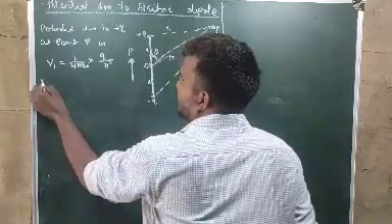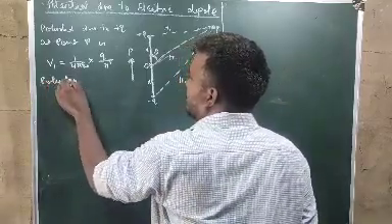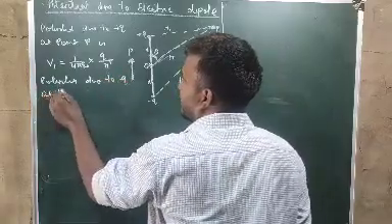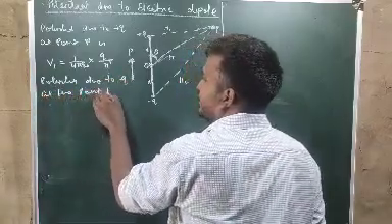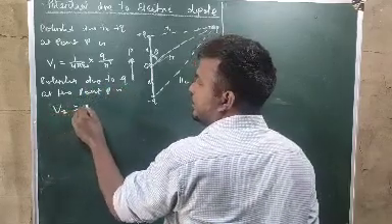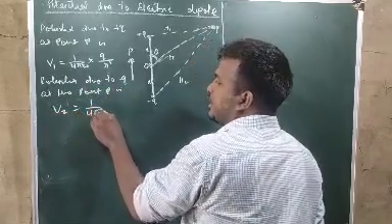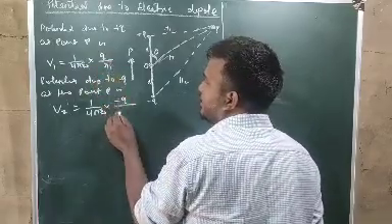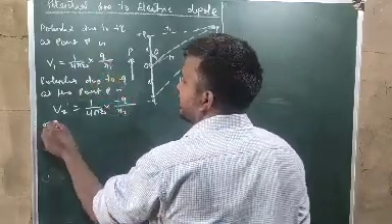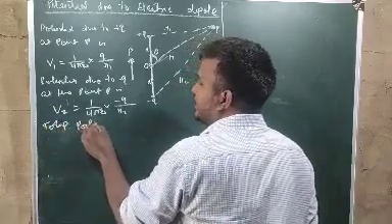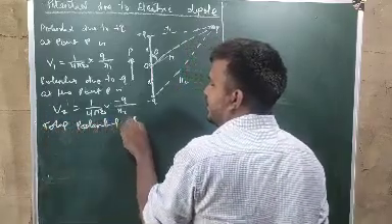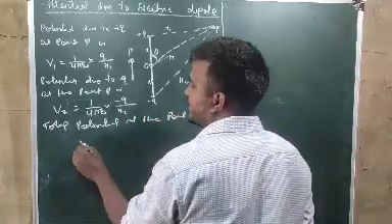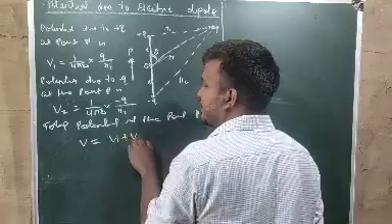Now the potential due to minus Q at the point P is V2 equal to 1 by 4 pi epsilon naught multiplied by minus Q by R2, since here the distance is R2. So the total potential at the point P is V equal to V1 plus V2.